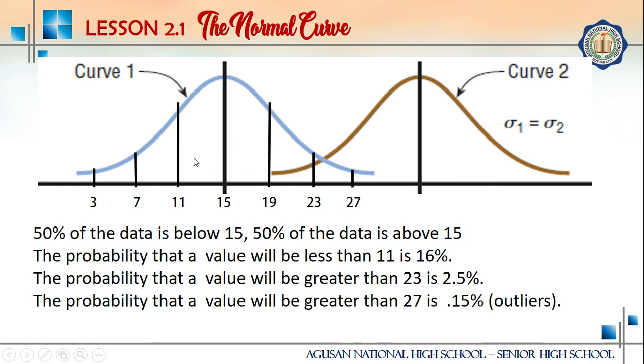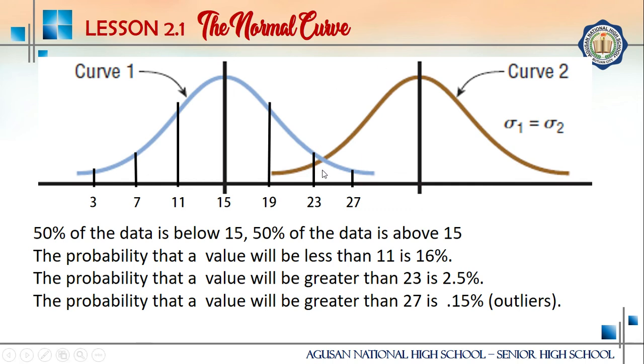Half of 68 is 34. So 50% plus 34 is 84%. Therefore, the probability of a value less than 11 is 16%.